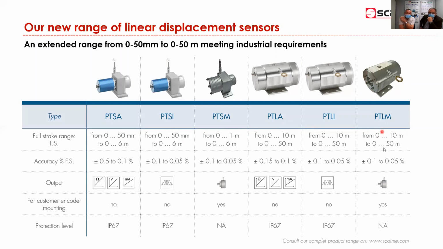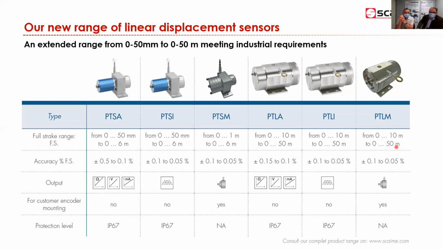Okay. And with this range, we start at 0 to 10 meters, and we finish at 0 to 50 meters. So with these two subfamilies of products, we cover the full range from 10 millimeters up to 50 meters. Exactly.